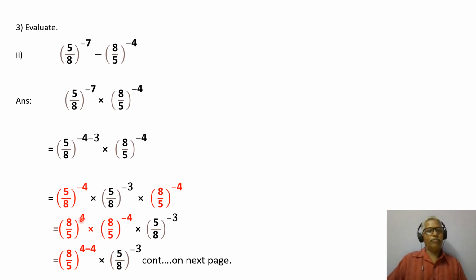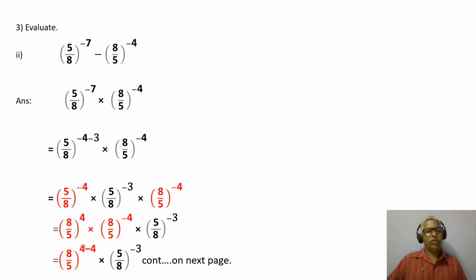So if you interchange, this will be plus. Okay, 5 upon 8 will be 8 upon 5, and this will be 4. Okay, plus 4 into 8 upon 5 raised to minus 4 into 5 upon 8 raised to minus 3. This carries as it is.